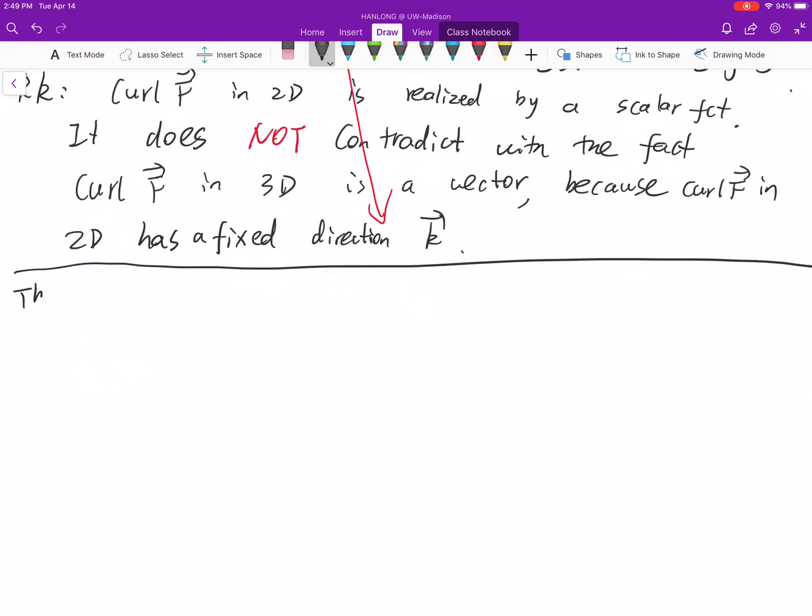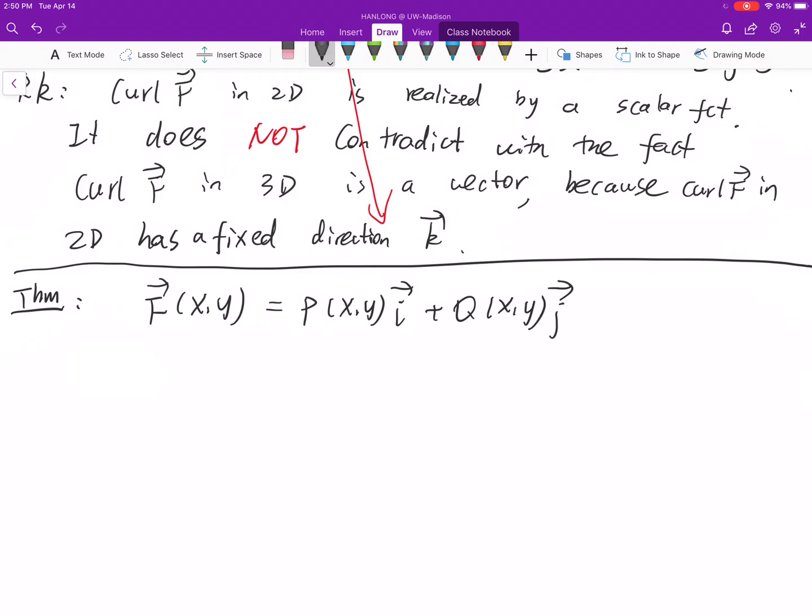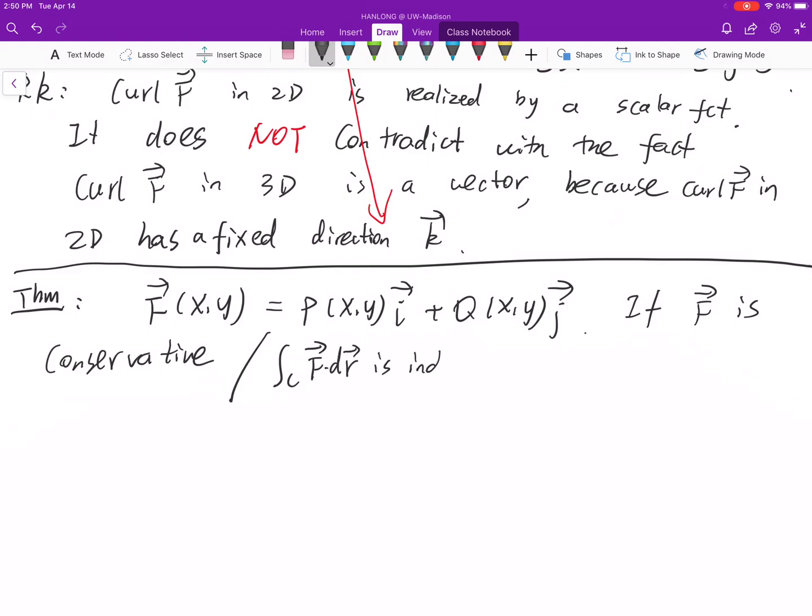Okay, next we have the following theorem. Suppose F(x,y) is written in components as P, Q. If F is conservative, or equivalently we say the integral is independent of the path with fixed boundary points.